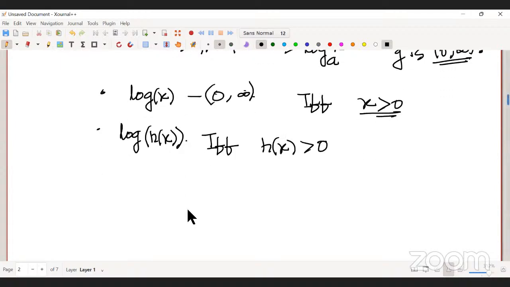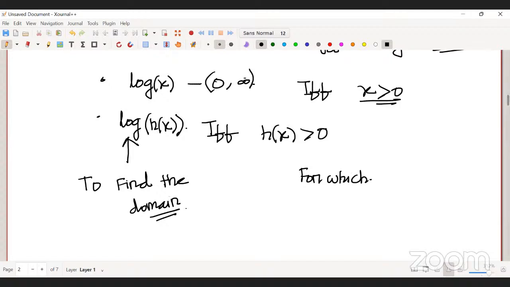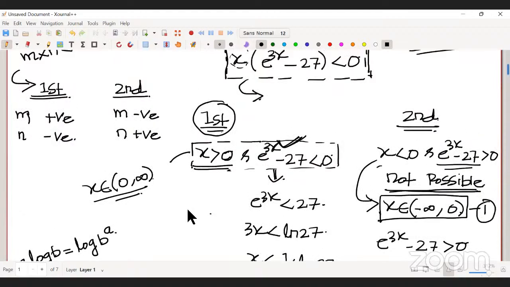So the main thing is to find the domain of this function. What you need to do is find the values of x for which h of x is greater than 0. So you need to find the range for which h of x is greater than 0. Precisely that is what we did in the previous question.